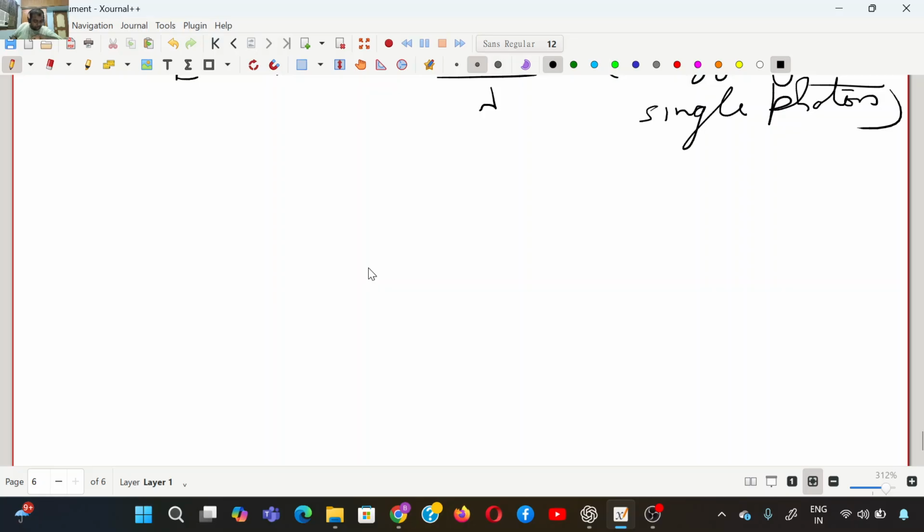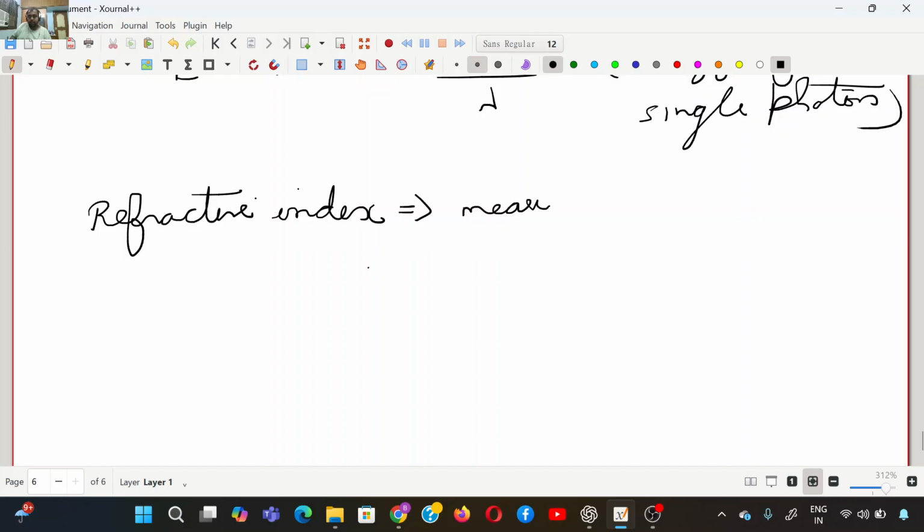Next, we will look at some definitions. So, what is refractive index? First, define it.